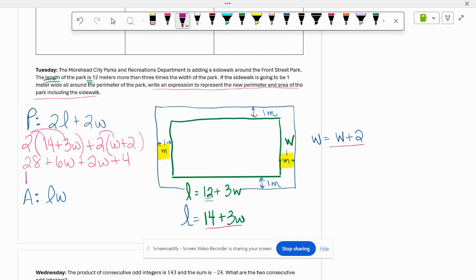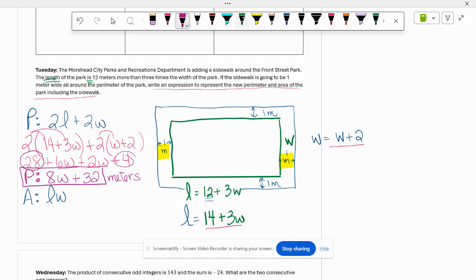Now I'm going to combine my like terms. So my perimeter is 6W plus 2W is 8W plus 28 and 4 is 32. So the expression for the perimeter of the park with the new sidewalk is going to be 8W plus 32 meters. Don't forget that your unit is meters.